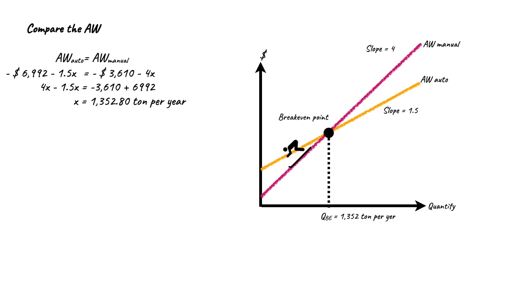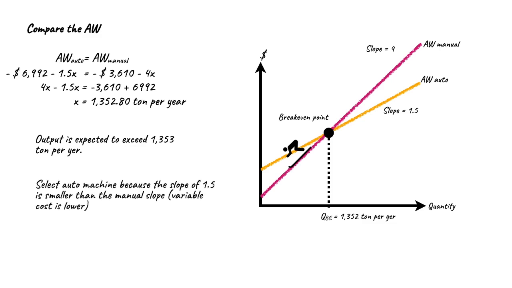So the intersection between the manual and the auto equation is the break-even point with the quantity of 1,352 tons per year. So how do you make a decision from here? Okay, the output is expected to exceed 1,353 tons per year, and based on this equation, we would choose the one with the lower slope, which is the automatic machine. Why?